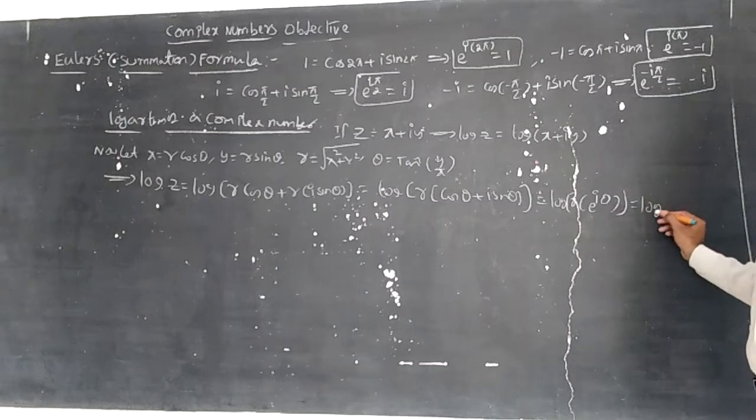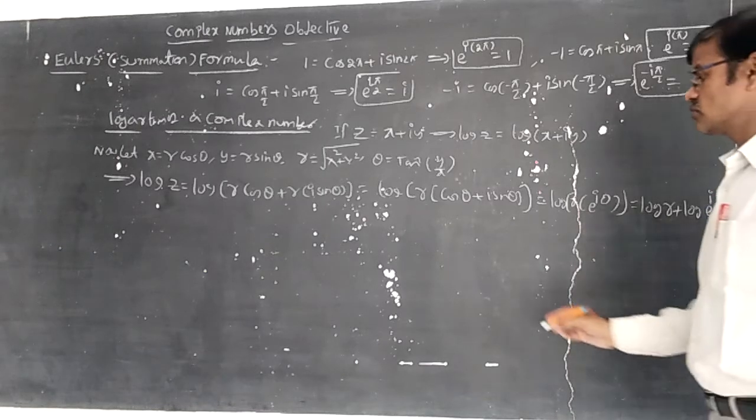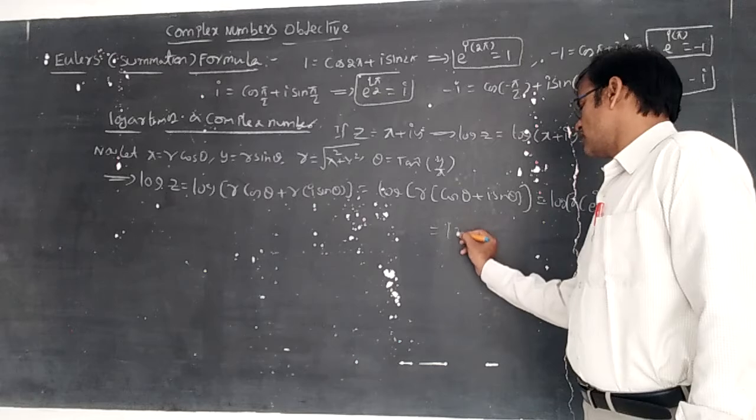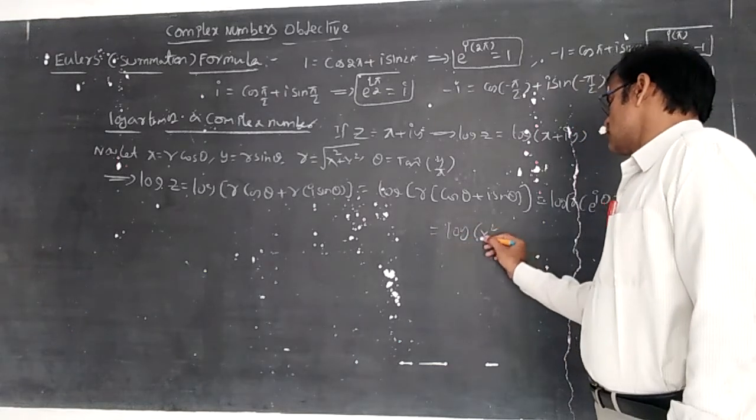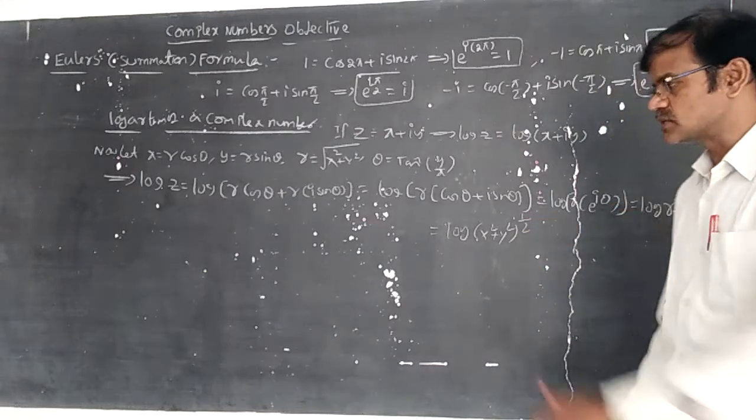Now, this is of the form log a plus log b. So, log r plus log of e power i theta. What is log r? Log r means x square plus y square whole power 1 by 2, that is root of x square plus y square.